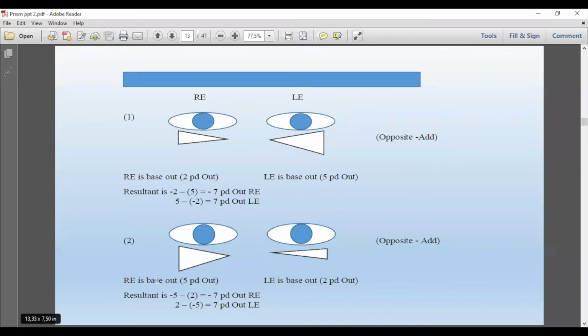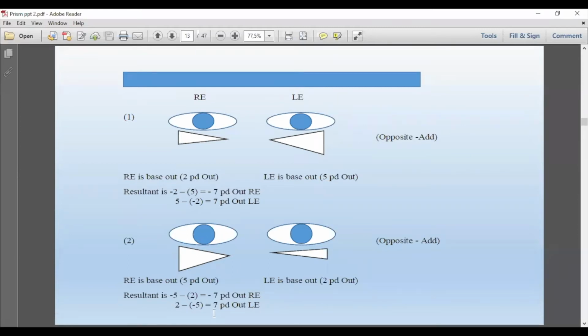Now, in the case over here, all I've done is just swapped them around. We have now made the right eye 5 out, and I've made the left eye 2 out. We follow the same procedure, and you'll see for the right eye, it's -7. In other words, -7, that's going to be out for the right.